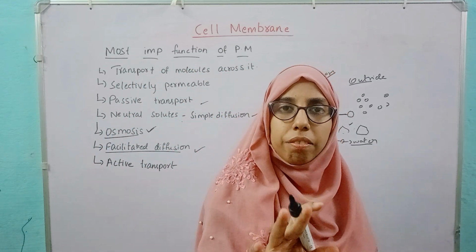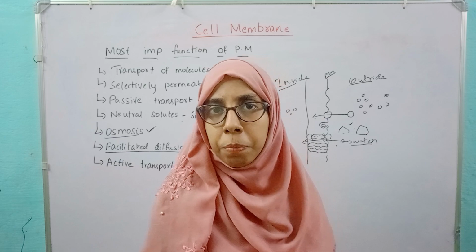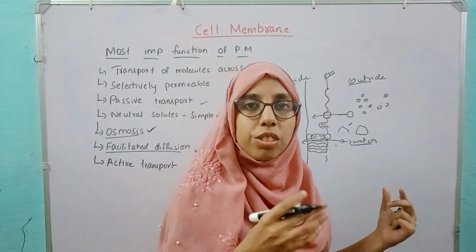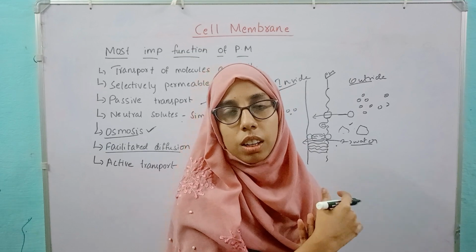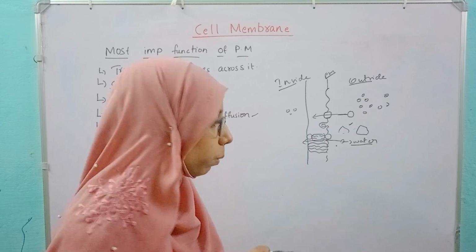Do remember that facilitated diffusion does not imply that it is an active transport. Here also no energy is utilized. It is just a protein that has transported the molecule inside. So it can also be a passive transport.